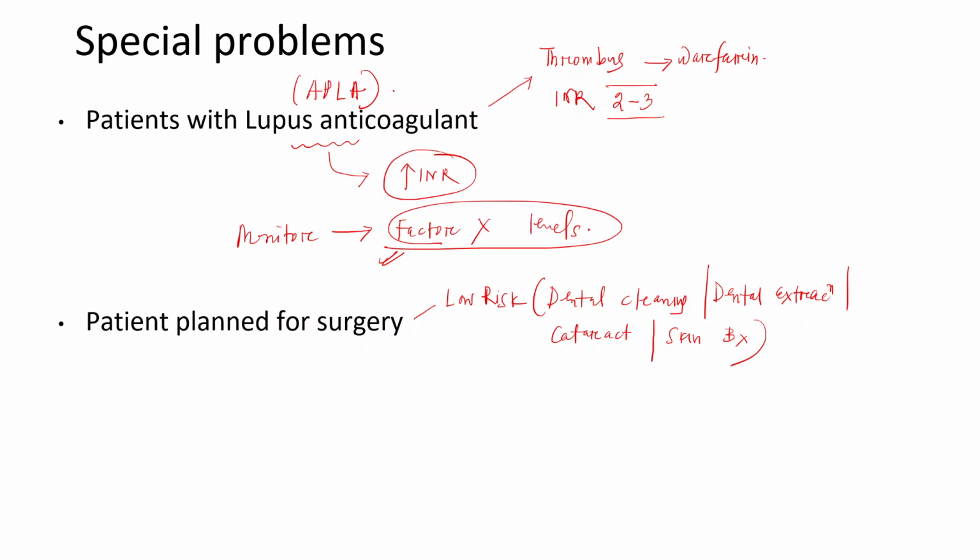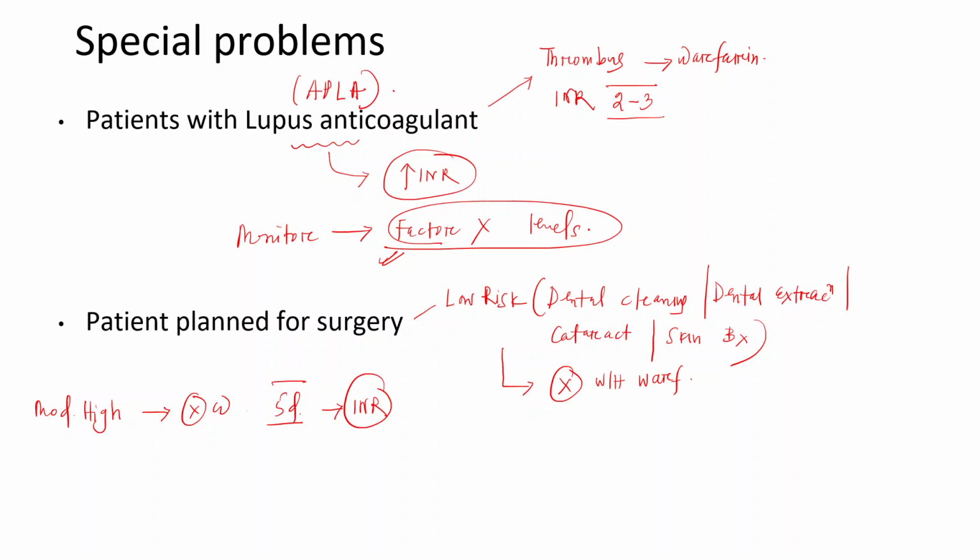In low risk cases, you need not withhold warfarin. But if the patient has moderate to high risk of bleeding, then you have to stop warfarin for 5 days before the surgery. And once the INR comes to the normal range, then you can proceed for surgery.